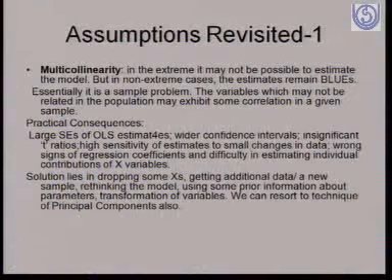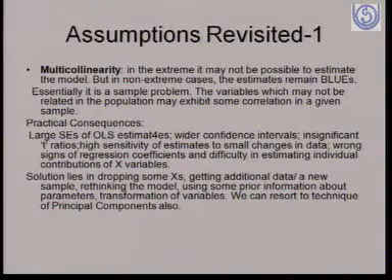In such cases, what happens to the estimated coefficients? They still remain best linear unbiased estimates. Large standard errors of ordinary least square estimates is one practical consequence. Wider confidence intervals may have to be designed for that.